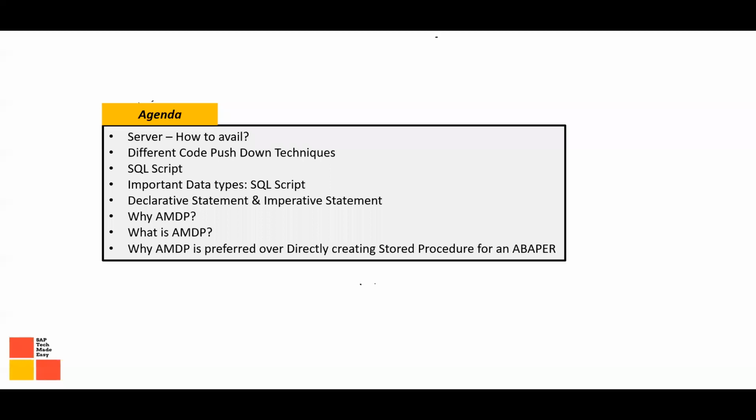There are two types of statements basically used in SQL Script: declarative statement and imperative statement. We are going to see them in a little more detail, and in the coming days we will see several examples. We will see why AMDP is the best way to consume SQL Script, and then we will see one example of how we can write AMDP.